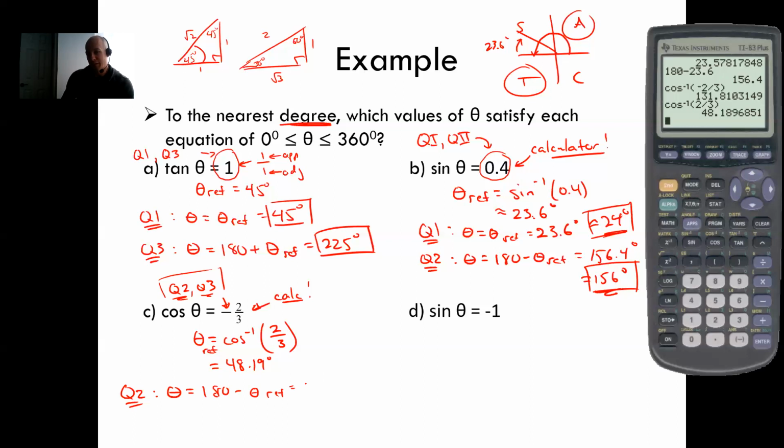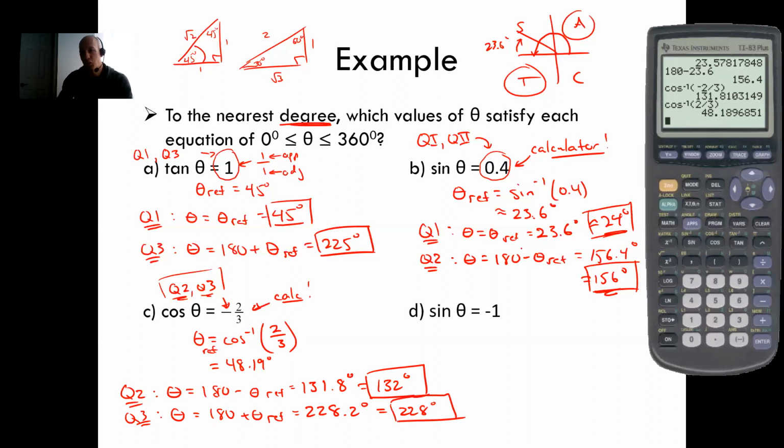It's got to be, like, 131.8, I think. So that's about 132. And then in quadrant 3, theta is equal to 180 plus the reference angle. So that's 180 plus that, which is 228.2 degrees. So about 228 degrees.